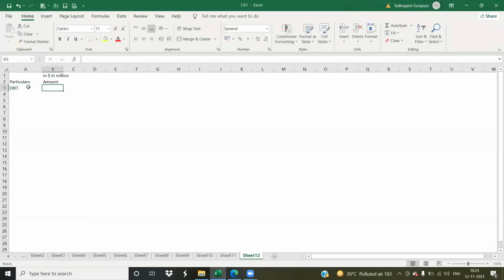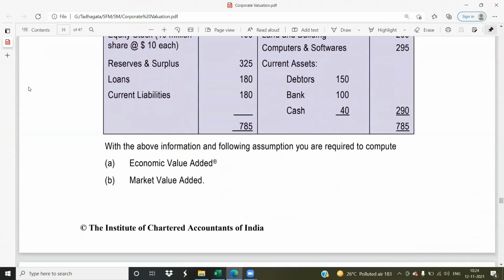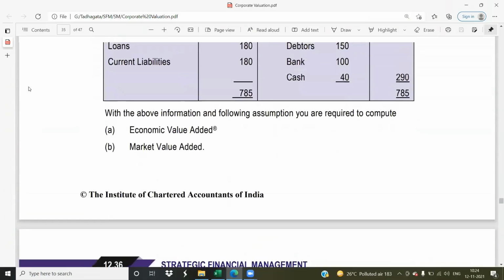What is EBIT? 180. What is NOPAT? This is equal to EBIT into 1 minus tax rate. What is the tax rate? 35%, 0.35. Okay. So what is WACC? It is given, right? WACC is 12%.